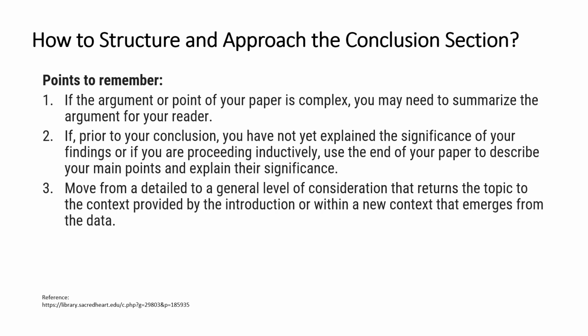So if these are the things that you have to remember, these are also things to avoid when writing the conclusion. First is failure to be concise in writing the conclusion. So take note that the conclusion should be concise and to the point. Conclusions that are too long often have unnecessary detail.